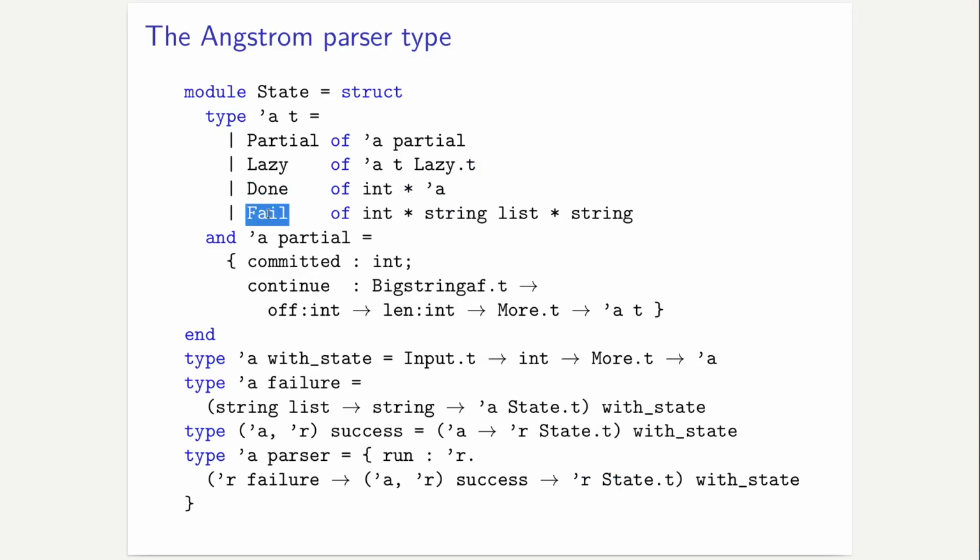It might return failure, but it might also return this partial state. And that indicates that Angstrom didn't have enough data in the buffer to be able to parse your value. The application code now needs to get that data somehow, put it in the buffer, and when it's ready, call this continue function to resume parsing where it left off.